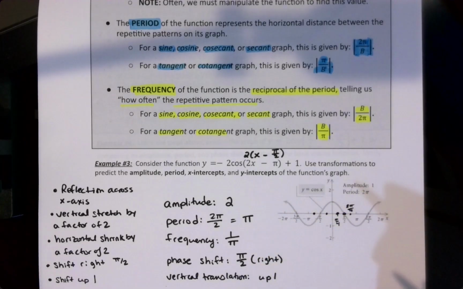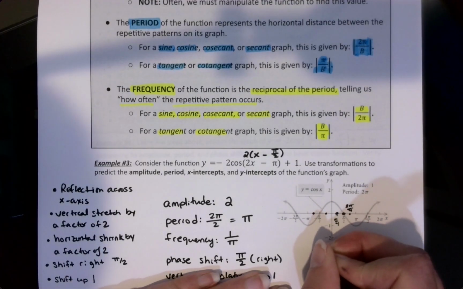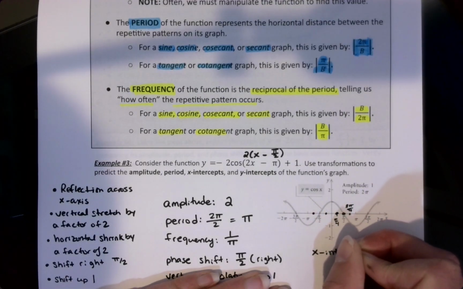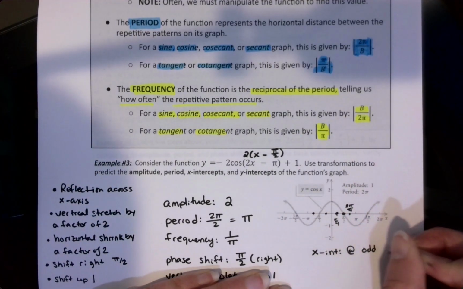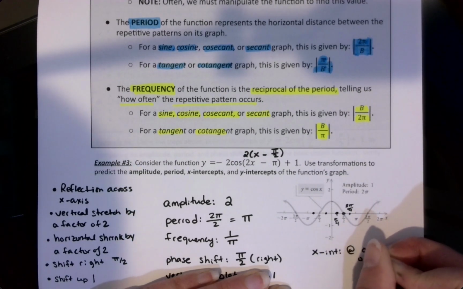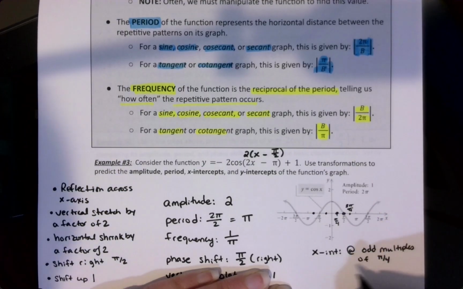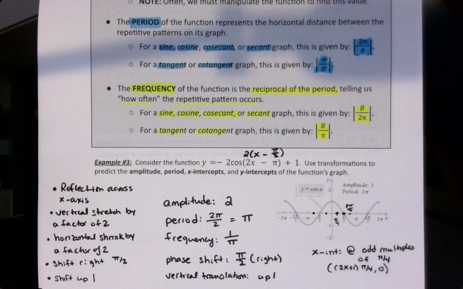So we're going to stay at odd multiples of pi fourths. So the x-intercepts are going to be at odd multiples of pi fourths. So that's our (2k plus 1) pi fourths, comma 0 for x-intercepts.